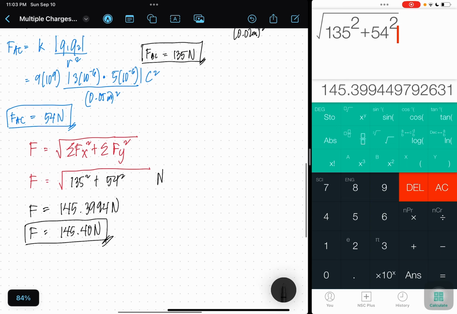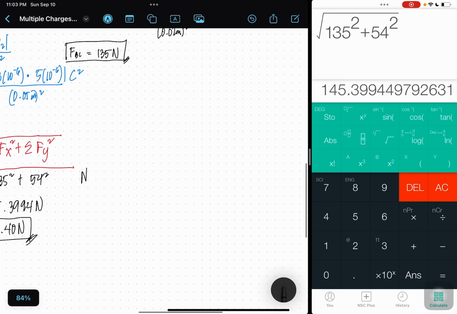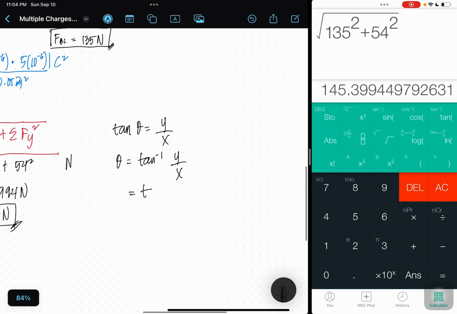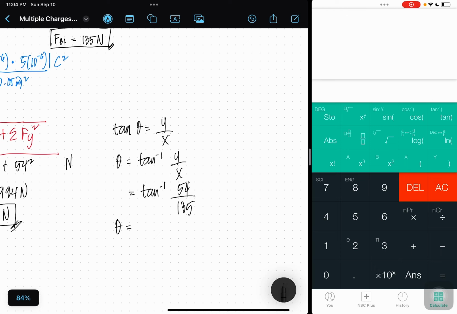So to find that angle, let's use tangent theta is equal to the value in y divided by x, or theta will become inverse tan of y over x. Ang y natin ay 54. So our value of theta is equal to inverse tan of 54 divided by 135.